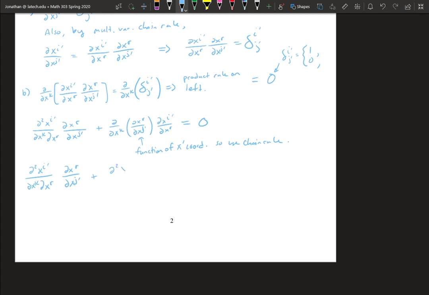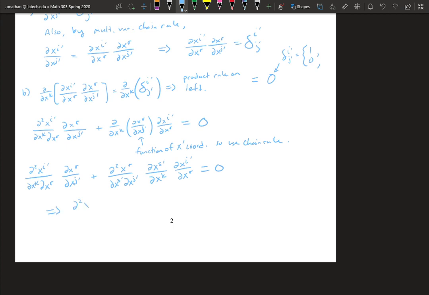I'm going to do partial squared xr, partial xs prime, partial xj prime, and then differentiate partial xs prime with respect to xk. And then multiply that by partial xi prime, partial xr, equals 0. And then move that thing to the right, and we get the relationship that we wanted.